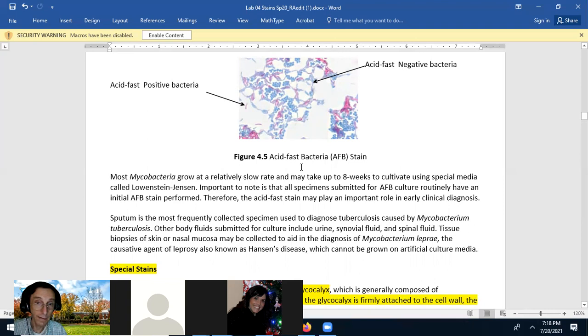And we call those acid-fast positive cells. And then the other cells do not retain the acid-fast stain, and they will be bluish or greenish. All right, any question about that?